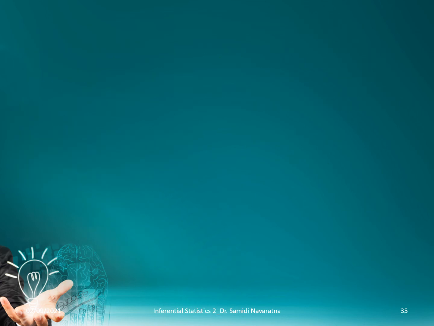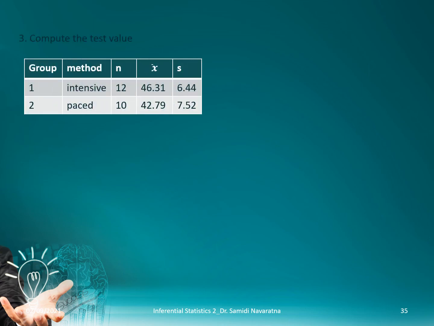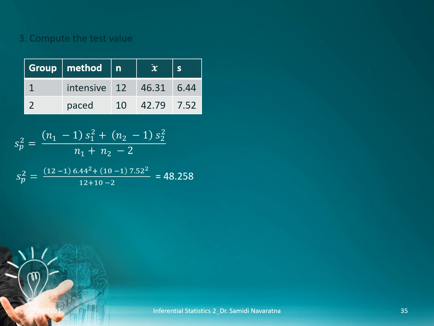So the next step is to compute the test value, and let's see. First, you need to calculate the pooled standard deviation, and when you substitute these given statistics into the equation here, the squared pooled standard deviation is 48.25.